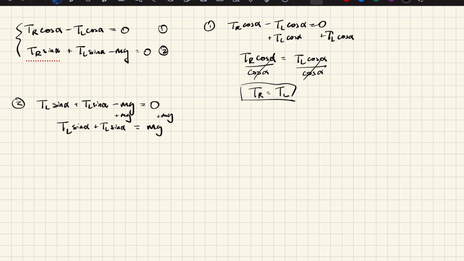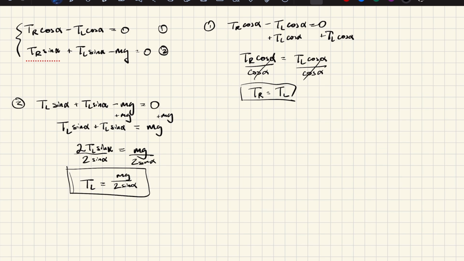Then we recognize that this is the same term twice, right? So this just becomes 2 TL sine alpha equals mg. And I can divide both sides by 2 sine alpha. And solve for TL, which is just TL is now mg over 2 sine alpha.